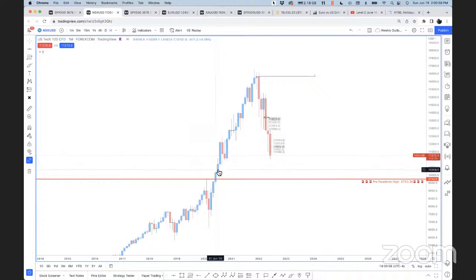There's an imbalance here, here, here. So there are a lot of imbalances that have been left behind.